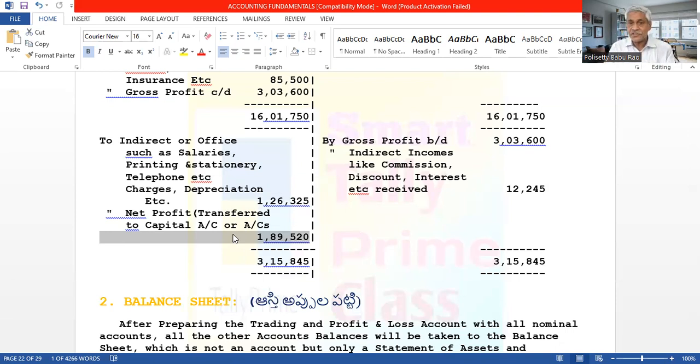As per that ratio, we will write the profit or loss in the inner column, and the total amount here is 1,89,520. If it is divided, one may get 80,000, another 30,000, another 70,000, depending on the agreed ratio. This will be taken to the capital accounts of the proprietors, the owners.